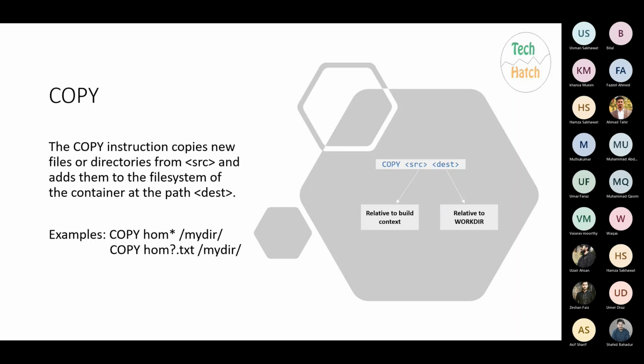The second example is copying files whose name includes four characters. The first three are HOM, and the final one can be anything. It can be an alphabet or a numeric character. Anything. Okay, so it will be copied to our destination folder.